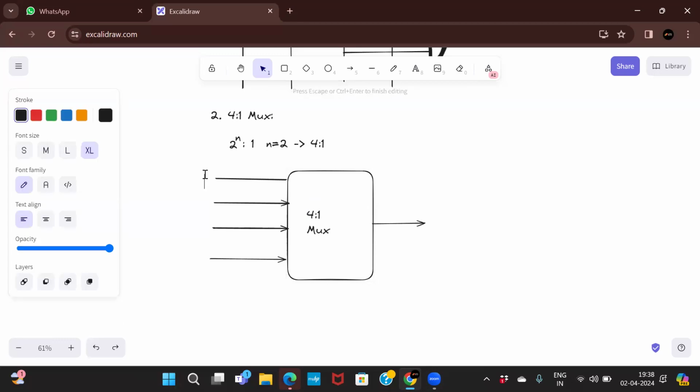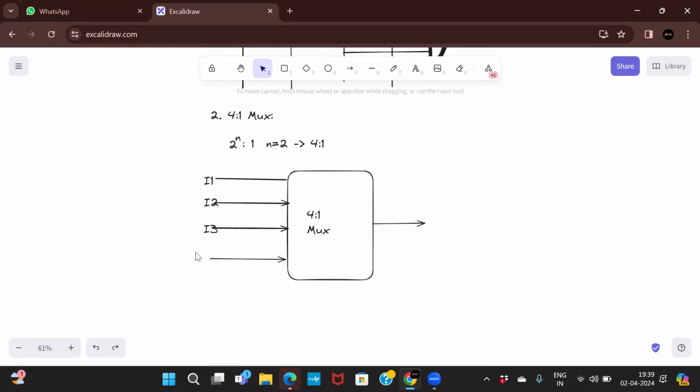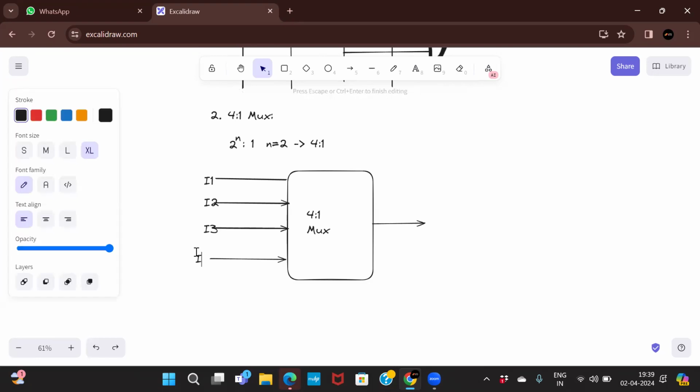Just taking I1, I2, I3, I4. These are the 4 inputs.